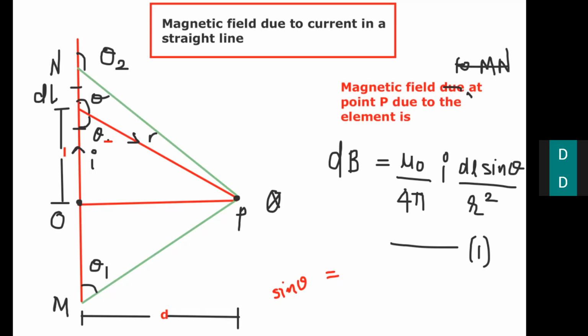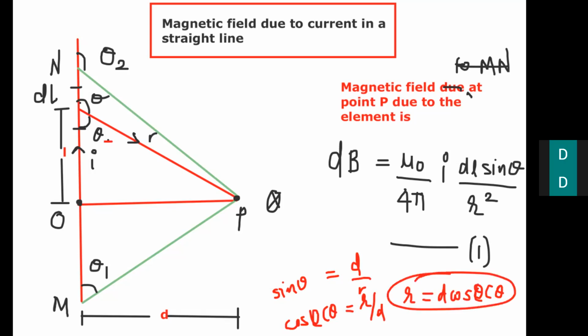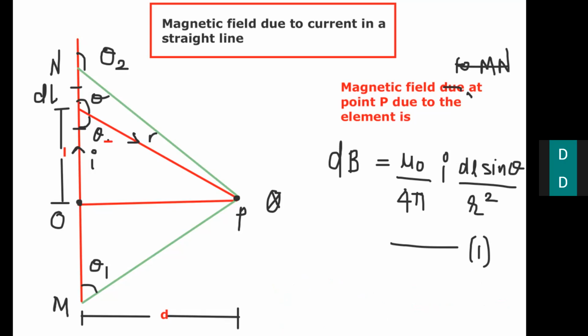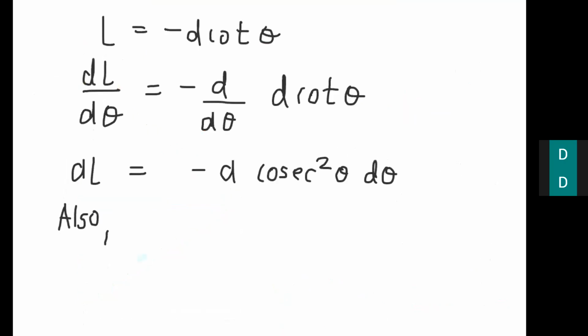Here the opposite side is D, so it is D upon R. So cosec theta is R upon D. So R is going to be D cosec theta, right? We will be writing this R equals D cosec theta in our equations here.